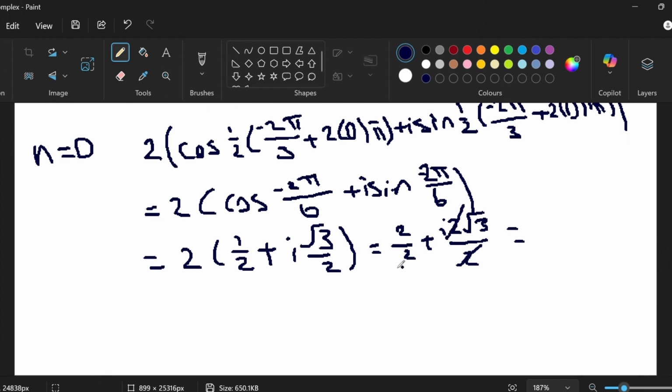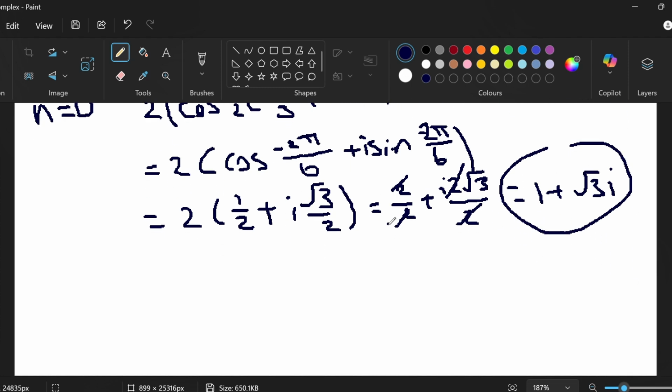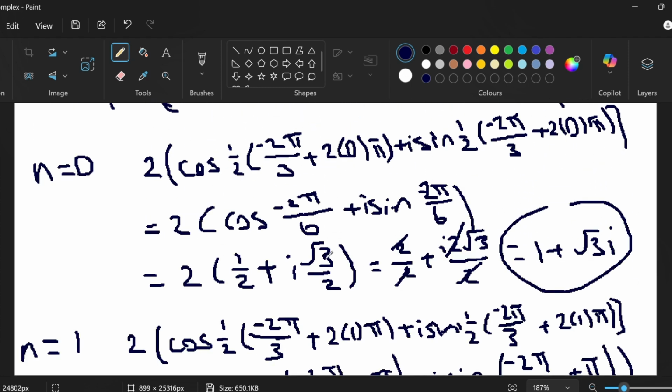And if I just divide out by all these 2's, I get 1 plus the square root of 3i. And this is my first root. And actually, just a correction here from later on. This is meant to be i times negative the square root of 3 over 2, which makes this all work out to 1 minus the square root of 3i.